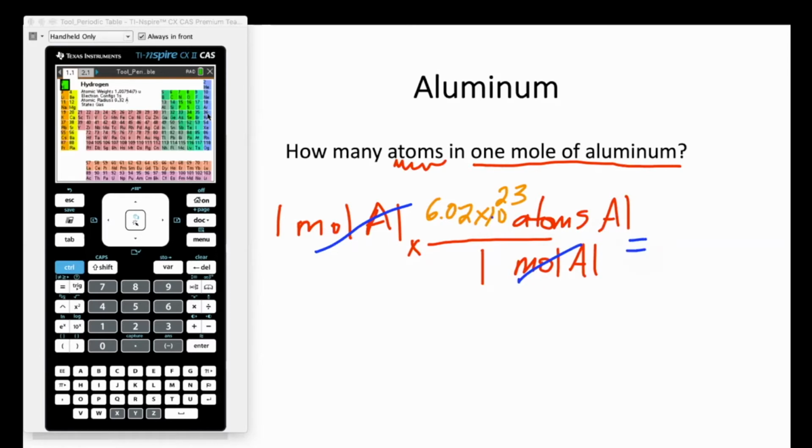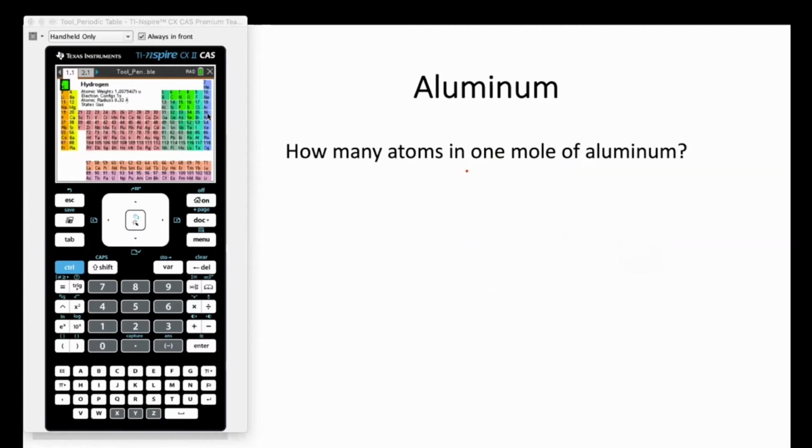So now all I need to do is type this into the calculator, which of course we don't need to do because it's just 1 times this. That means it's 6.02 times 10 to the 23rd atoms of aluminum in 1 mole of aluminum. That's going to be our universal conversion factor. Let me clear this and we'll take it 1 step further.